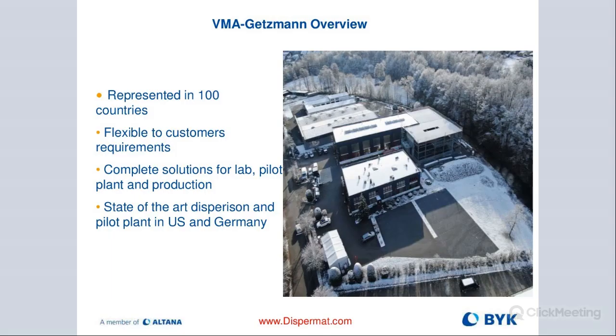So that building here in the middle, that back part is actually new. They added 2 floors and added more design capability and more manufacturing space. One of the things that makes VMA Getzmann stand out is that about 40% of everything that they build is custom.